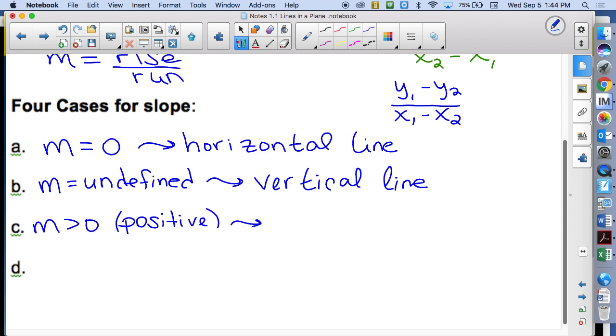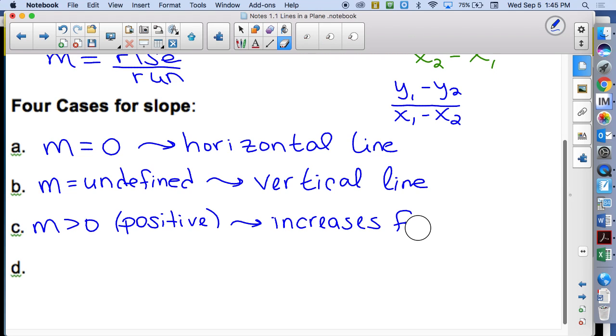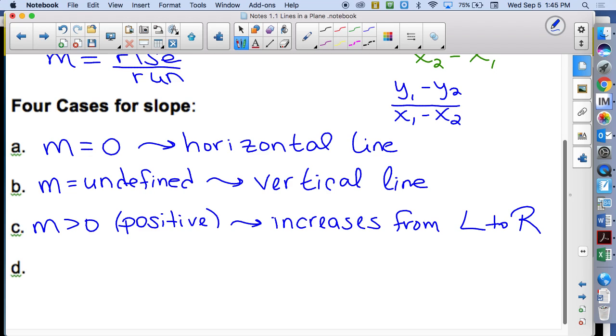Yeah, it goes up. So it goes up, it increases. So all lines move from left to right. All curves move from left to right. So in this case, if the slope's positive, the line increases, goes up from left to right.